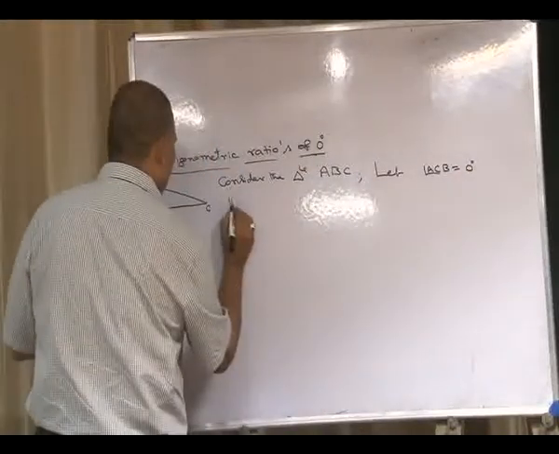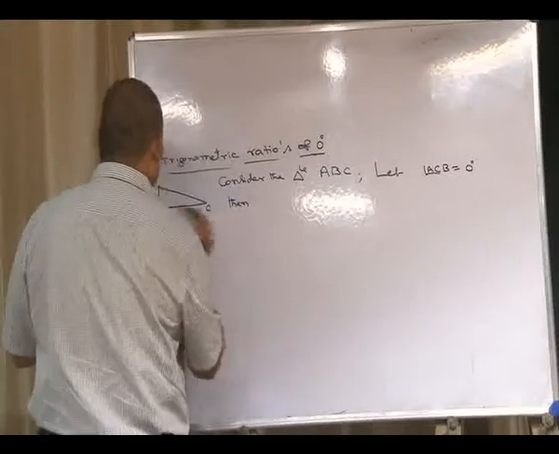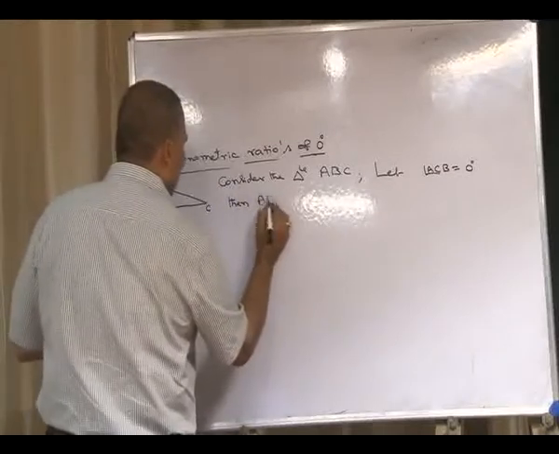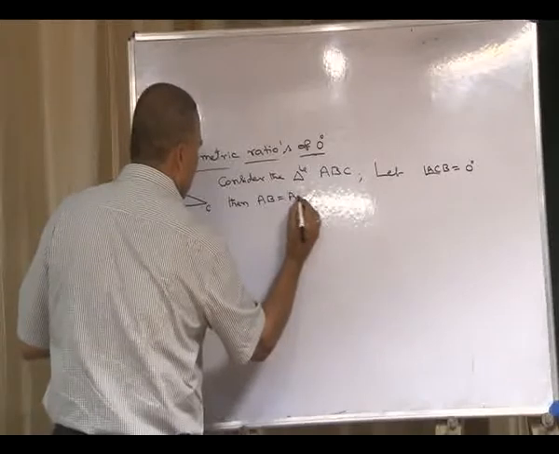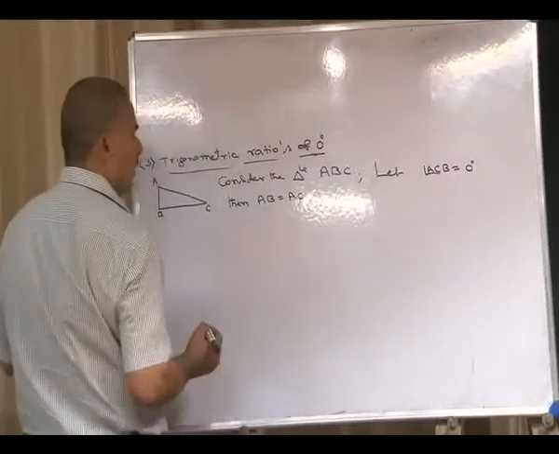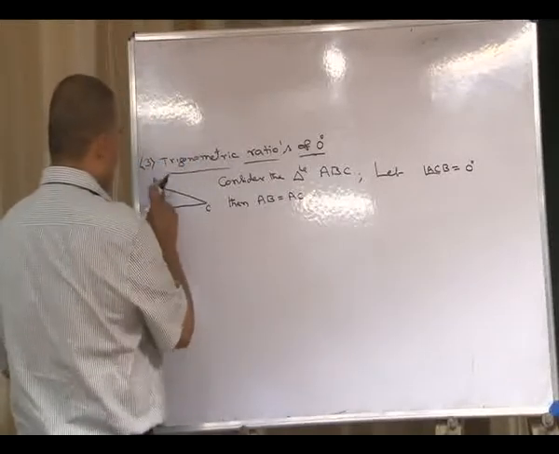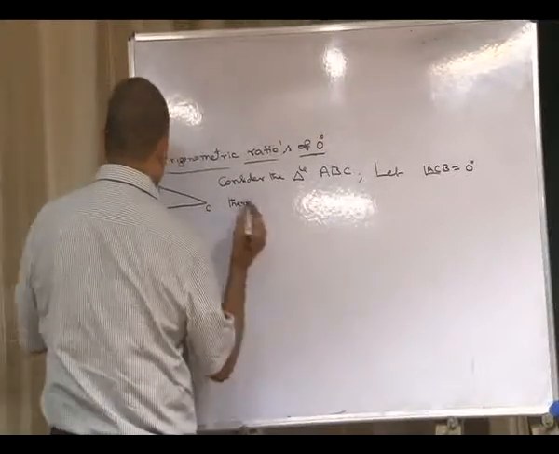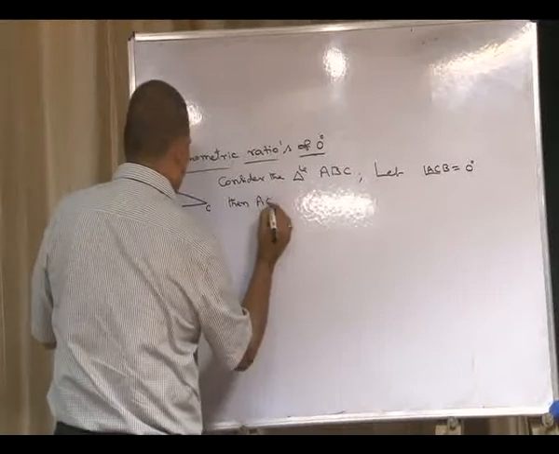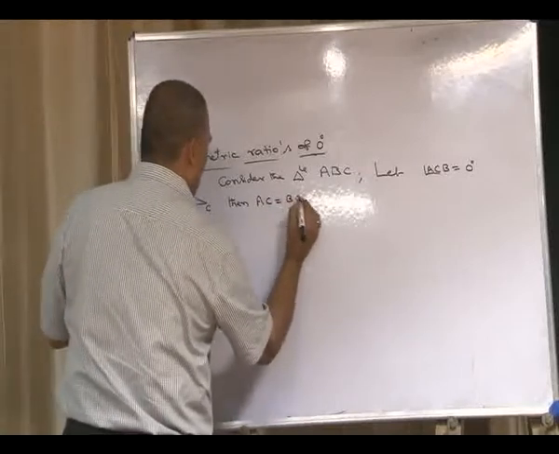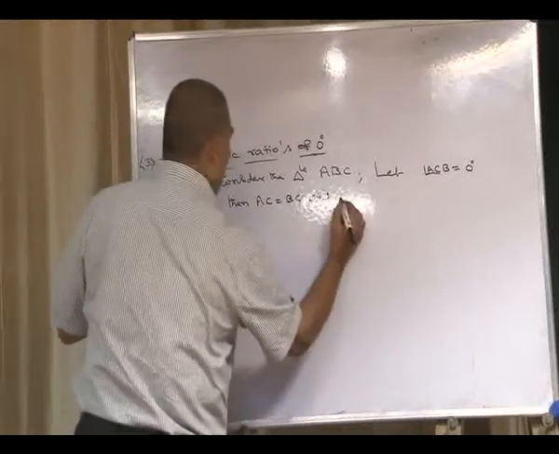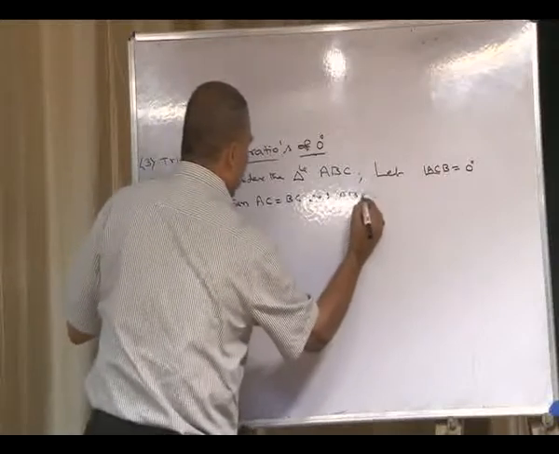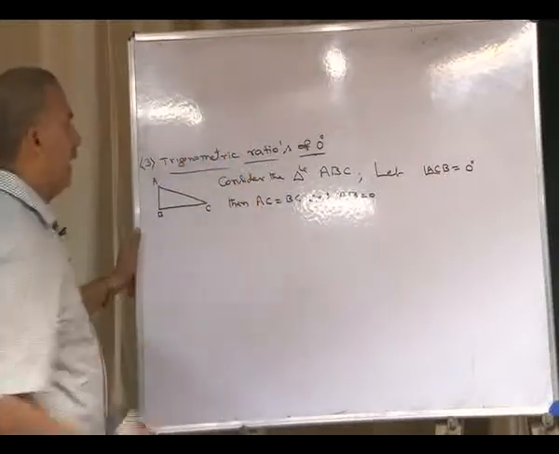Then AB is equal to AC, then AC is equal to BC, and AB is equal to 0.